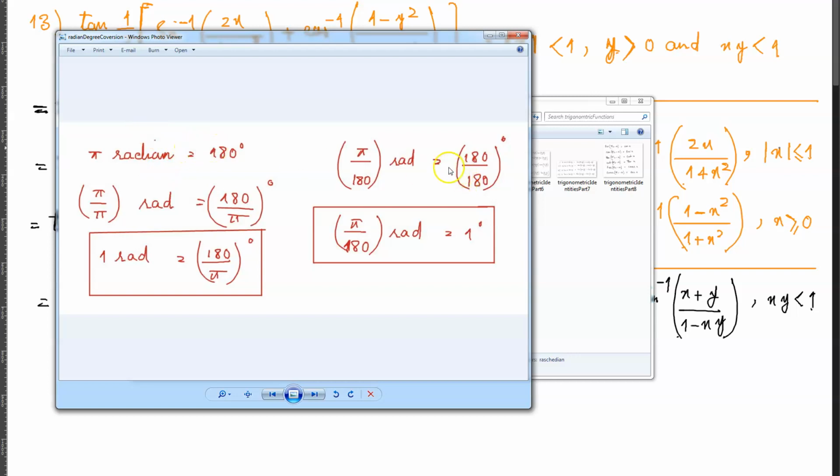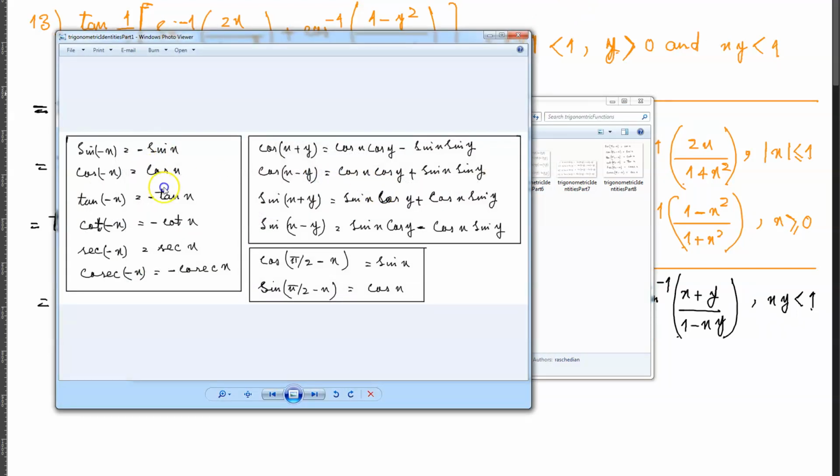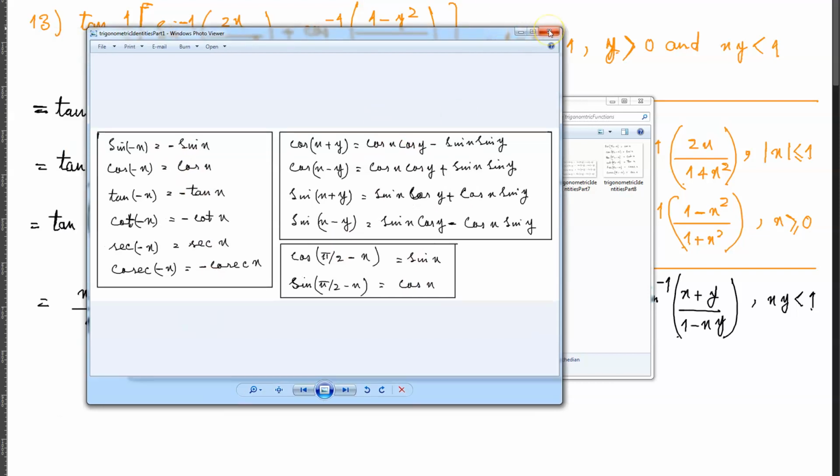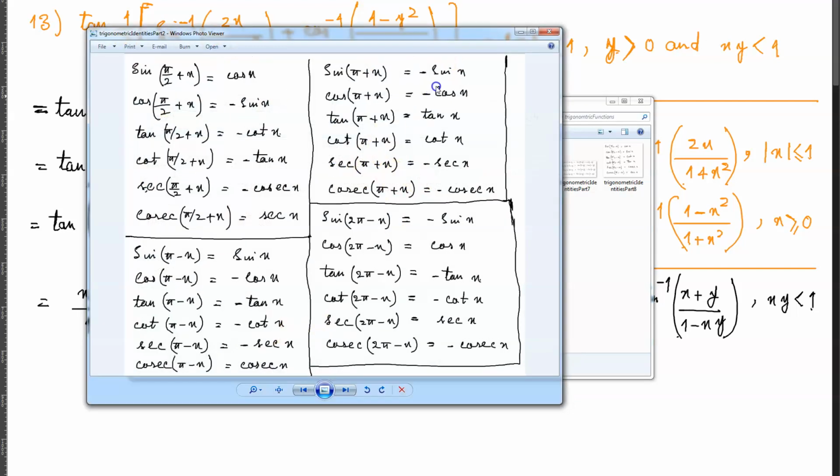This is the radian to degrees conversion, which is something you don't really need to worry about. Then you have these trigonometric identities, one here. Then you have these trigonometric identities. These are pretty simple. We talked about that, and you can easily remember them.